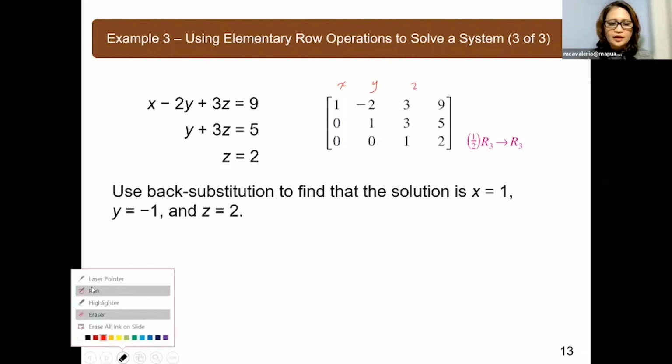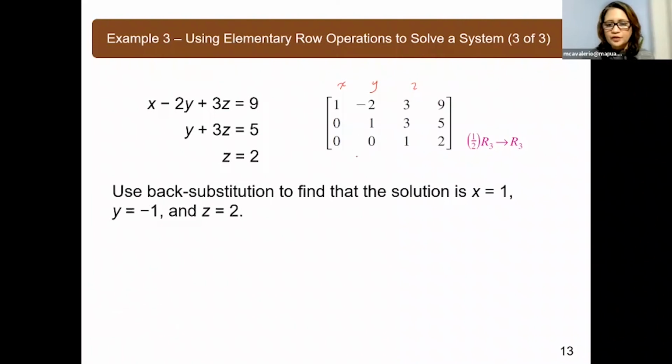Referring to row 3, this simply means that 1 times z is equal to 2. And then according to row 2, that means 1 times y plus 3 times z is equivalent to 5. And for row 1, that means we have x minus 2 times y plus 3 times z is equivalent to 9. So we simply apply our back substitution to find the values of x and y, which is x is equal to 1 and y is equivalent to -1.